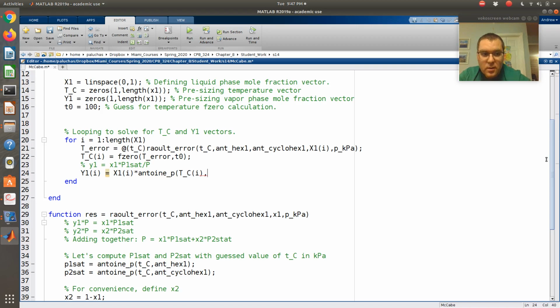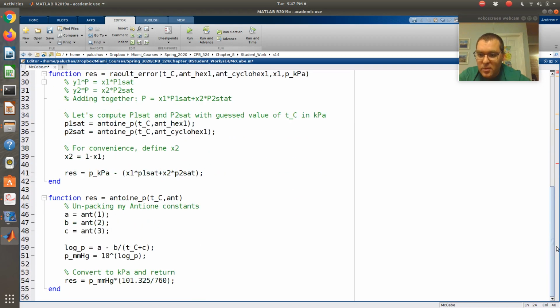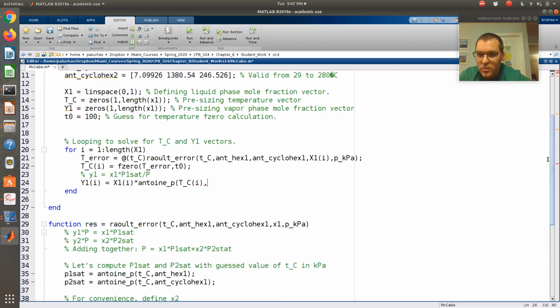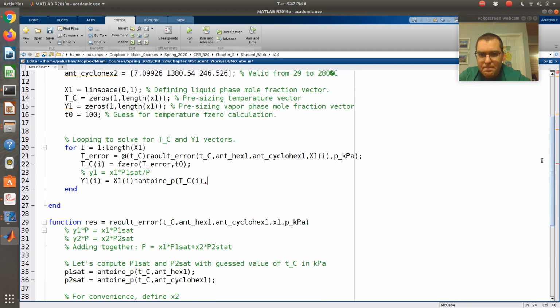and so if we just play with p1 sat, that's hex1, so that gives me p1 sat, and then I divide by p underscore kPa.